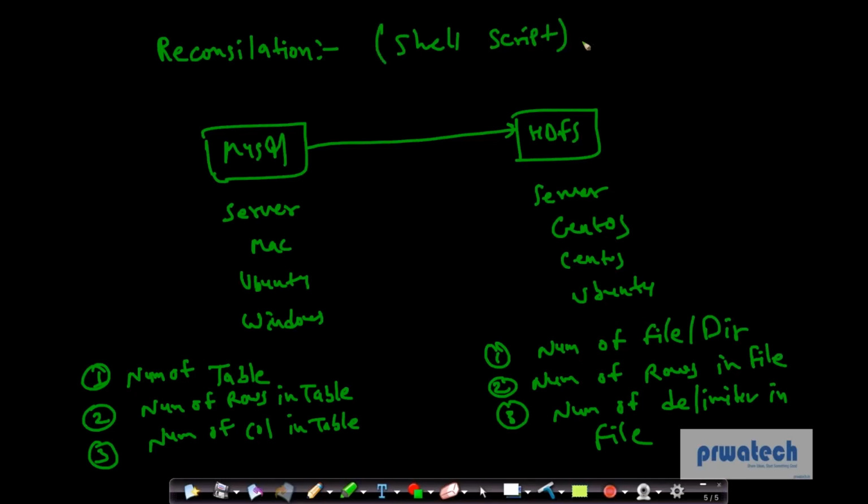Whenever you want to move some job from manual to automation, you'll have to do this. You need to automate things. So these are the three major steps of reconciliation to check the records are the same on this side and on the other side. Once this is done, then you do other reconciliation.